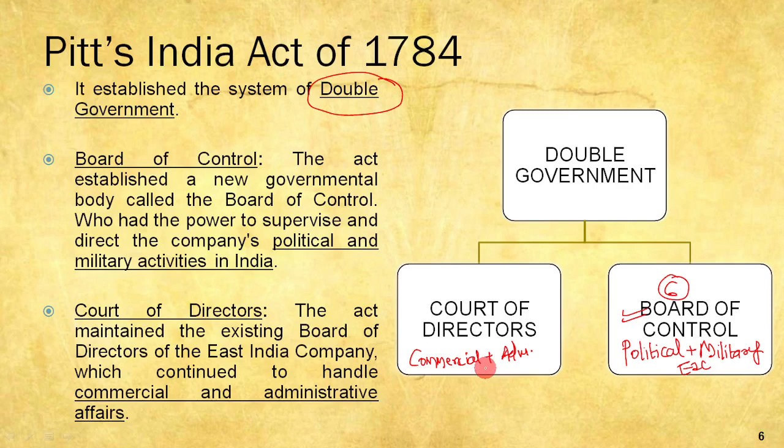It provided for the establishment of a Board of Control of 6 members, which is responsible to supervise the political and military affairs of the East India Company in India, and the rest of the commercial and administrative matters will be overlooked by the Court of Directors.